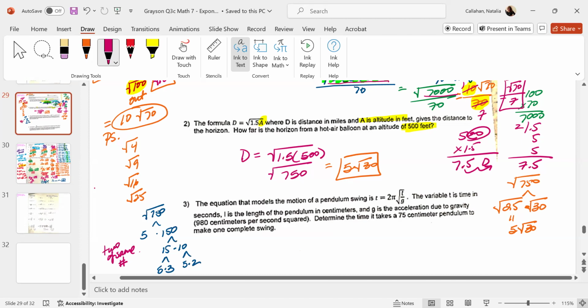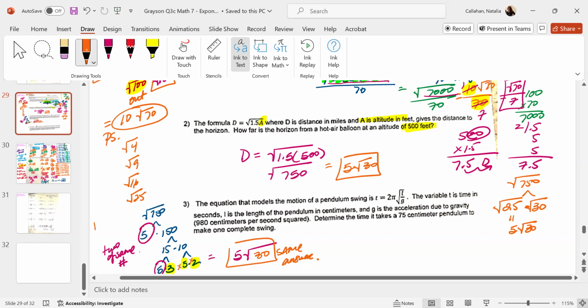Do you have any number that's 2 of the same? 1, 2, correct? So that means I could take a 5 out, right? But then what's left? 3, 5, 2. Do you see how none of those are 2 of the same? So you multiply them back together. 3 times 5 is 15. 15 times 2 is 30. Do you see how it's exactly the same answer? So it doesn't really matter how you break it down, but those are perfect squares.